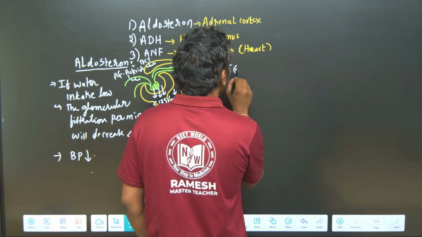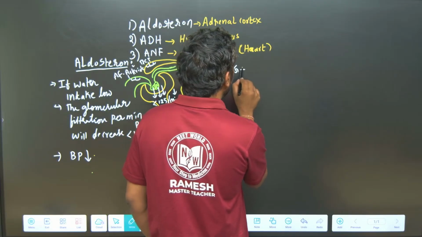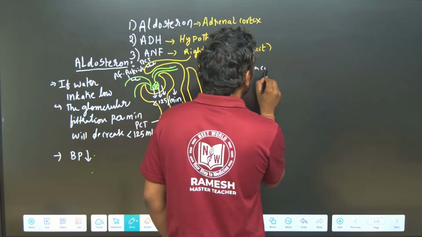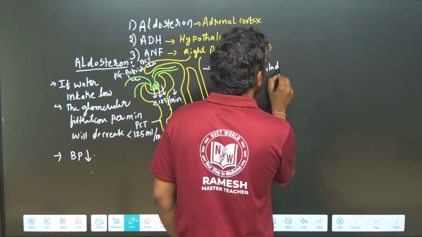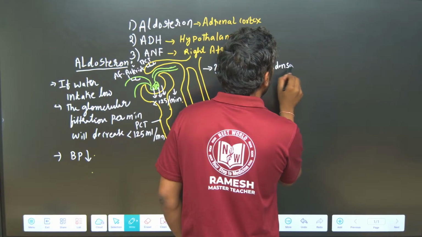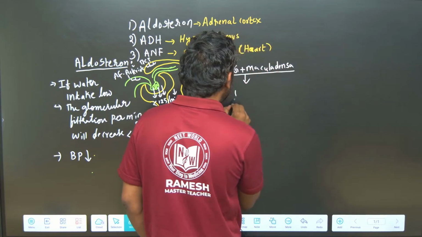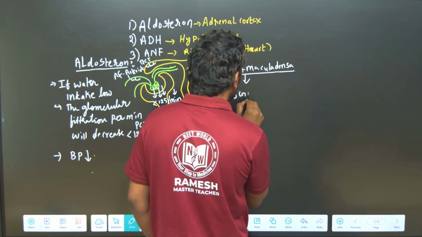JG cells of the efferent arteriole and the macula densa of the DCT together create the JGA apparatus.